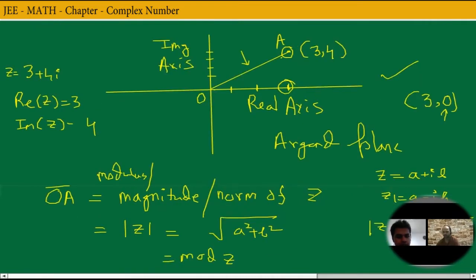If we plot them, i would be here, minus i somewhere around here. So purely imaginary numbers lie on the imaginary axis. You can also take a note: a purely imaginary number means one whose real part is 0, so it lies on the imaginary axis.